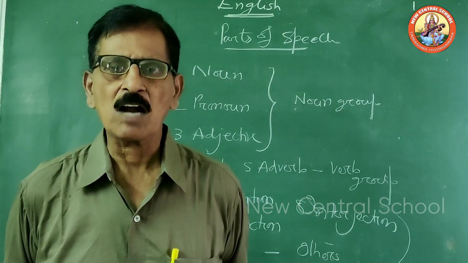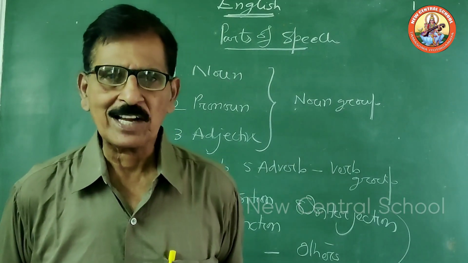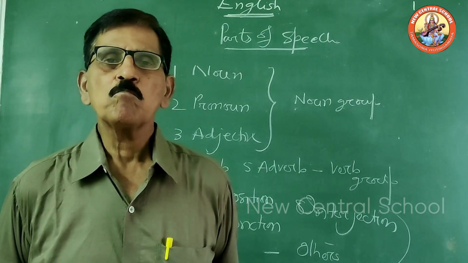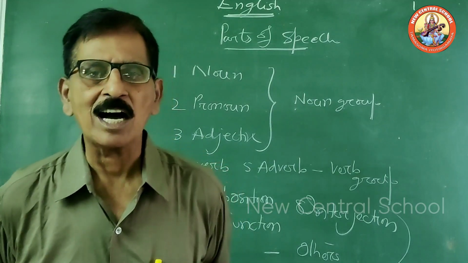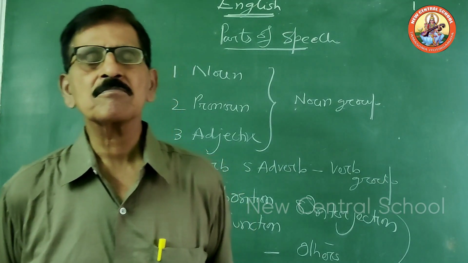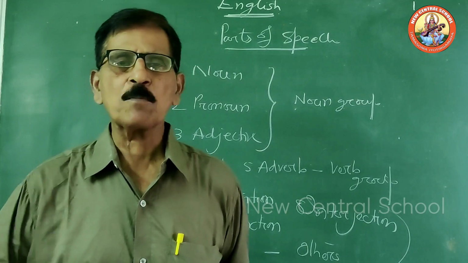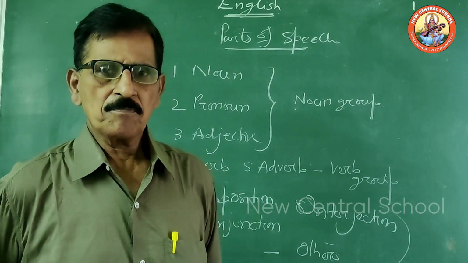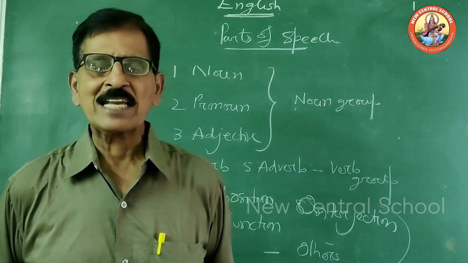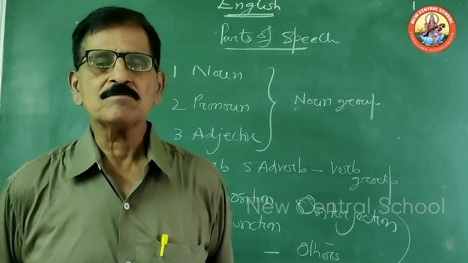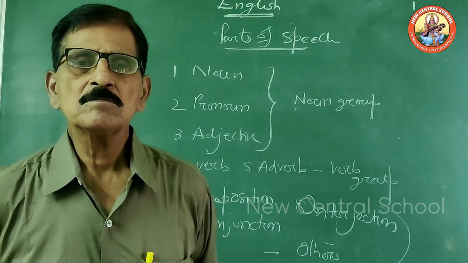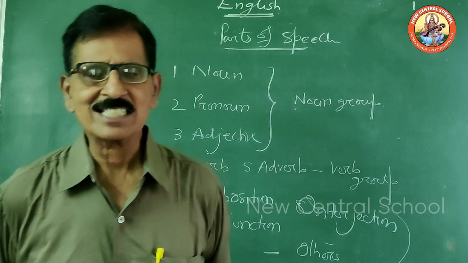Places like Srikakulam, Rajahmundry, Mumbai, Delhi, etc. Things like all visible things, like pen, pencil, fan, mobile, etc.